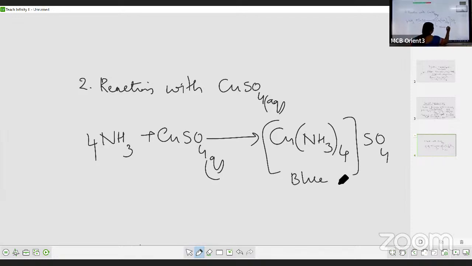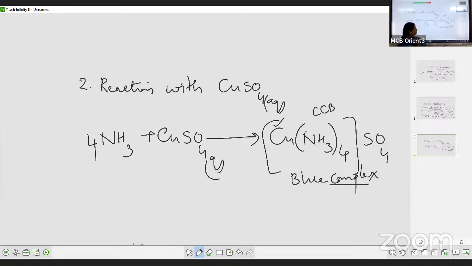Why are we calling it a complex? Because here the ammonia forms a coordinate covalent bond, CCB, with the copper. So it is called a complex: a compound in which coordinate covalent bonds take place and which contains a D block metal.